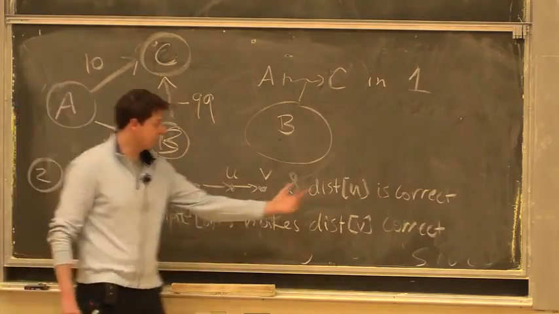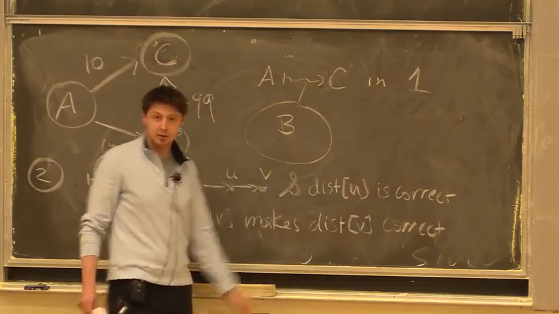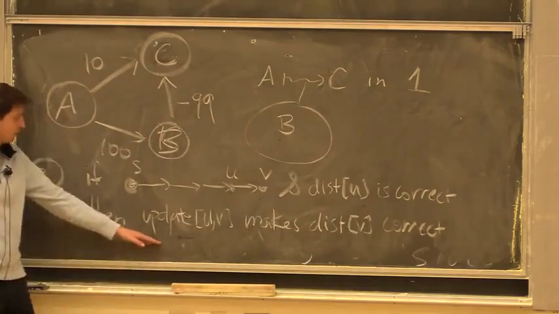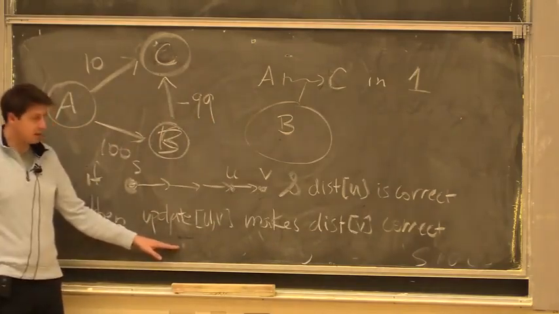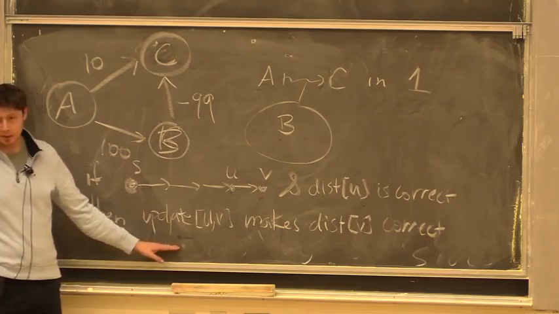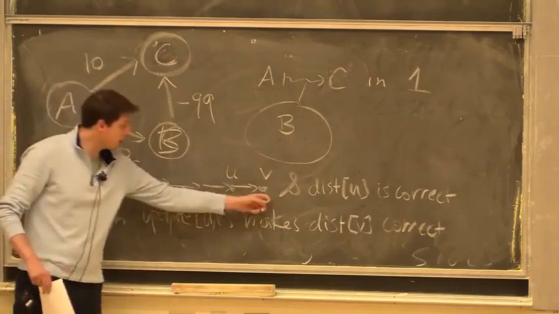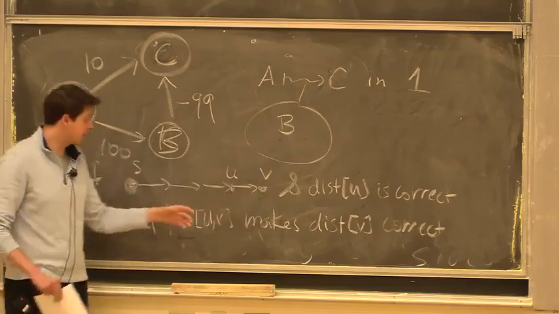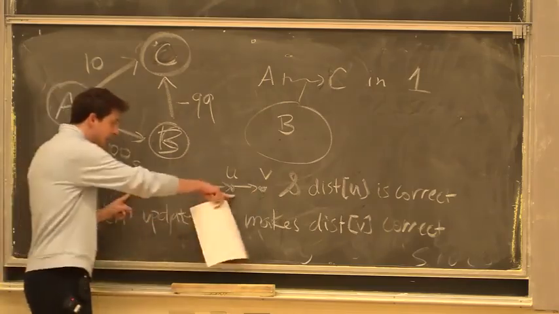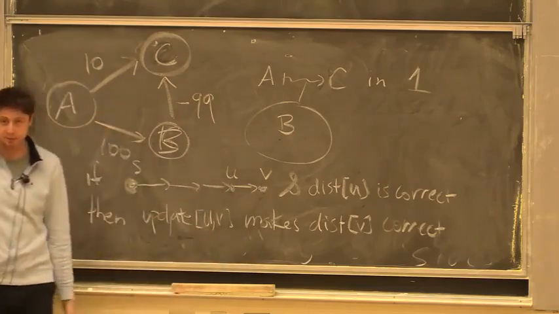And moreover, the second condition says, for whatever reason, the estimate for U is already correct, then, conclusion, if you run update on the edge UV, after the update, the estimate for V is correct. Again, this is almost a tautology, because what is the correct answer for V? It is, because this is the shortest path, this length plus this one. That's exactly what update UV will do. Okay?